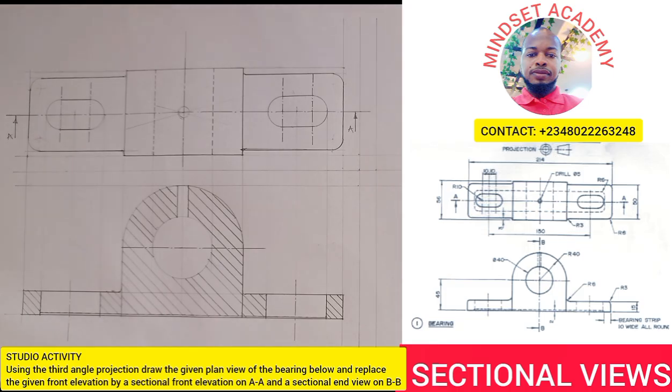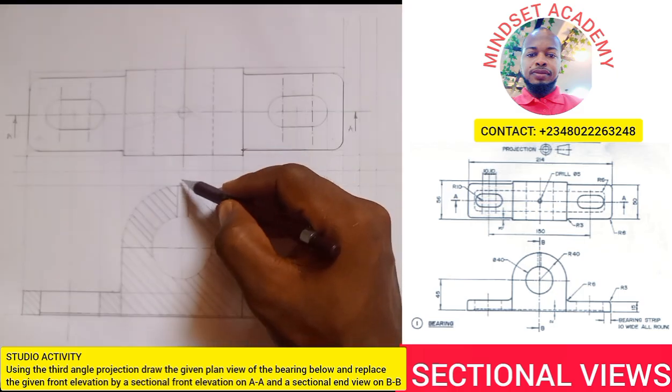Now the question says that we should add a sectional end view BB. So when you look at sectional end view BB, if you look closely, BB means you are cutting it from this side.